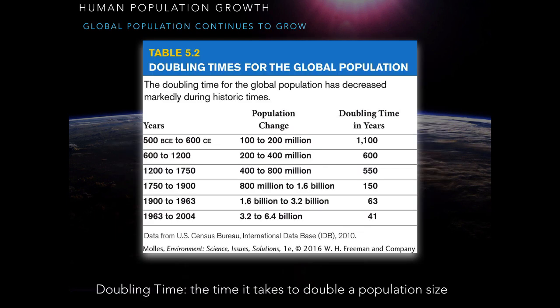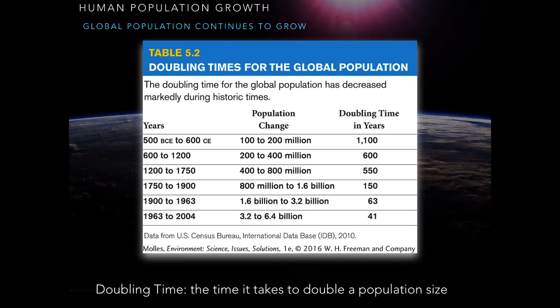If we look at the population over time, and the time necessary to double its size, what we can find is that 500 years in the past, we were doubling our population about every 1,000 years. With human progress, little by little, this doubling time has decreased, meaning that the population was growing faster and faster.